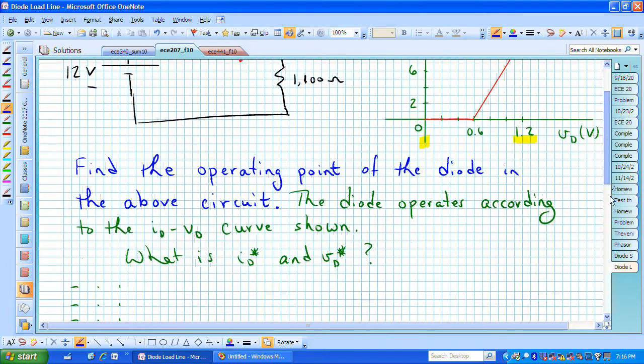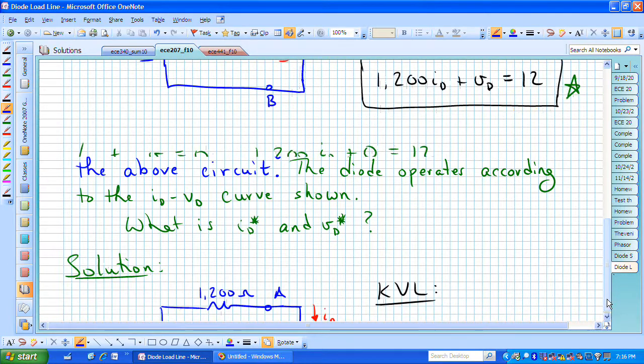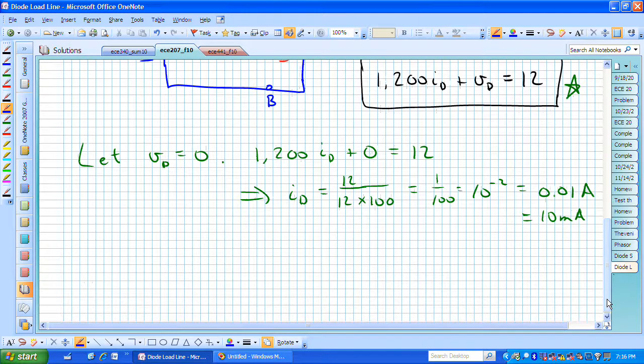Let's pick one more combination, and rather than pick I sub D equal to 0, that may give us too large of a voltage. Let's pick a voltage that's on our graph. For example, let's let V sub D equal 1.2 volts.